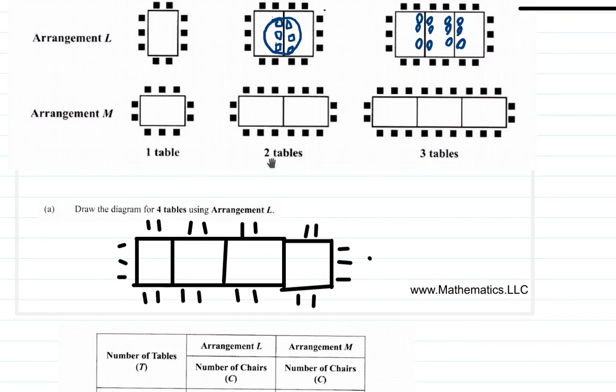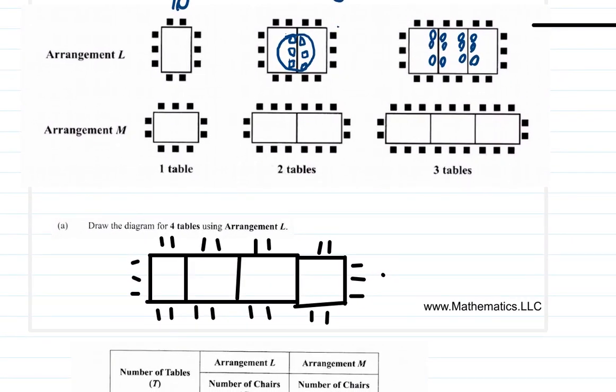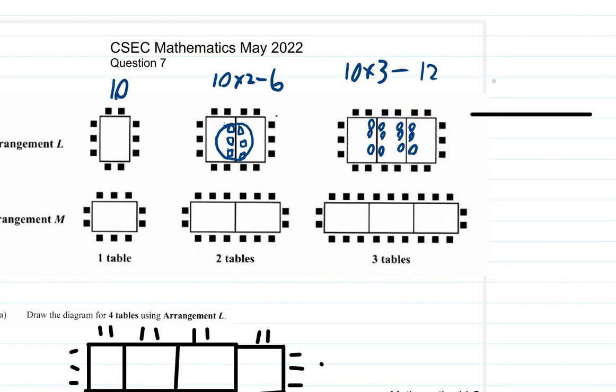What about when you had 4? It says arrangement L. When you had 4, you would have had 4 times 10, right? But do you know minus how many?